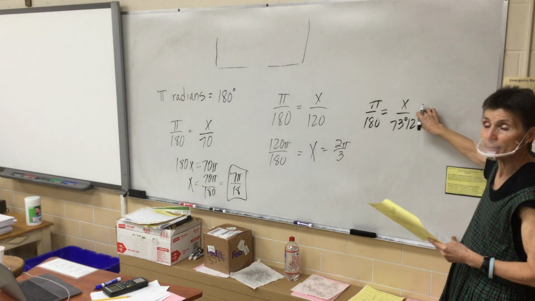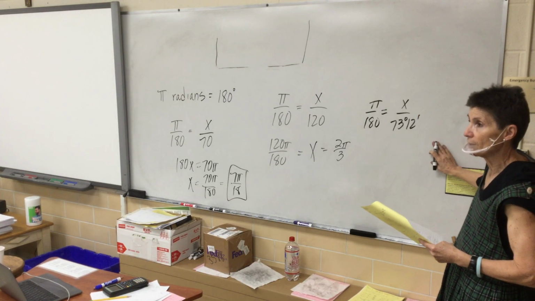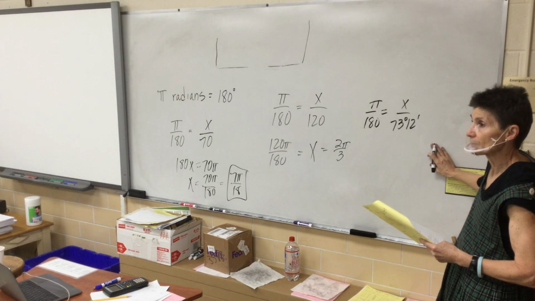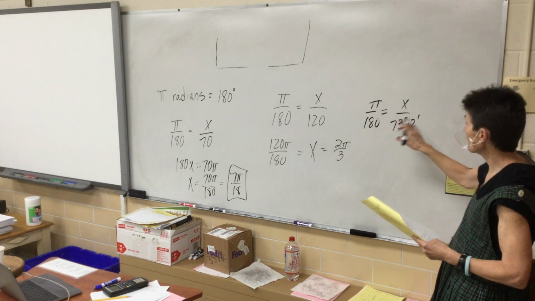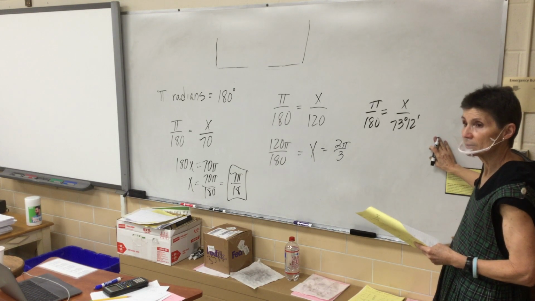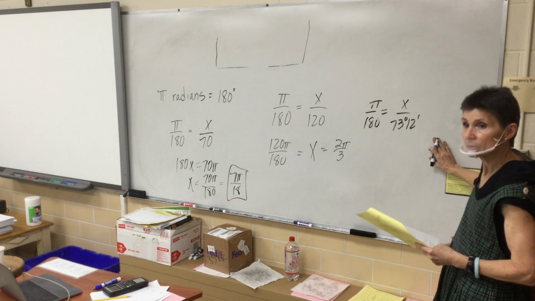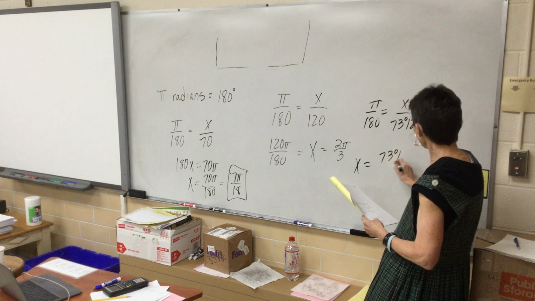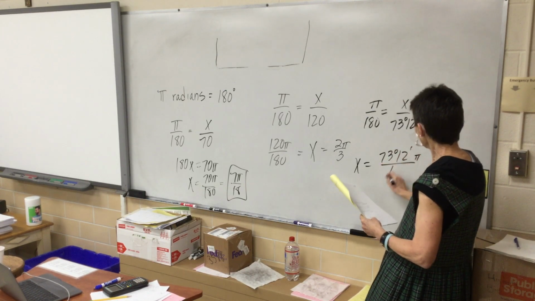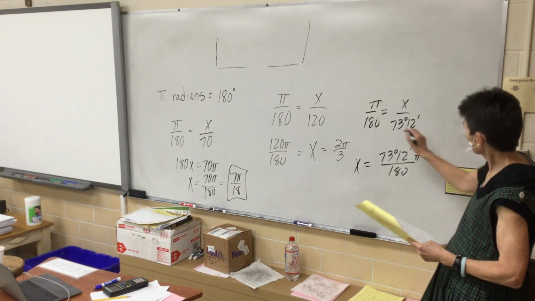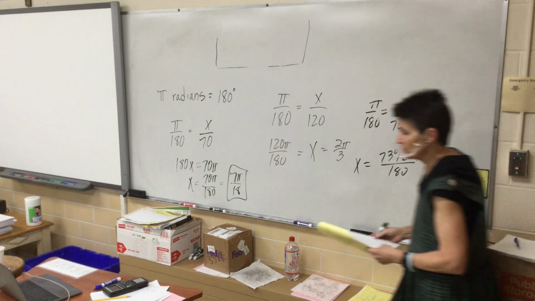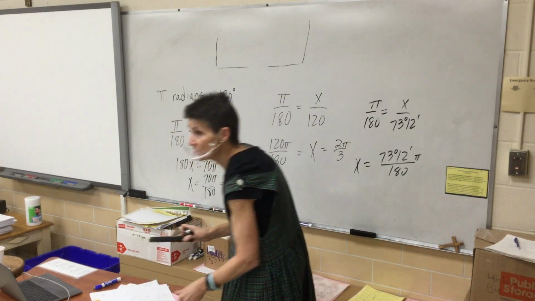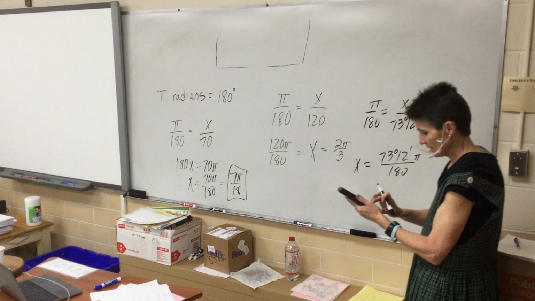What is the radian measure for 73°12'? Do I know how to do that on my calculator now? I think I do, right? X is going to equal 73°12' pi over 180. I multiply this over there. So now I have to put in the 73°12', and I know how to do that.